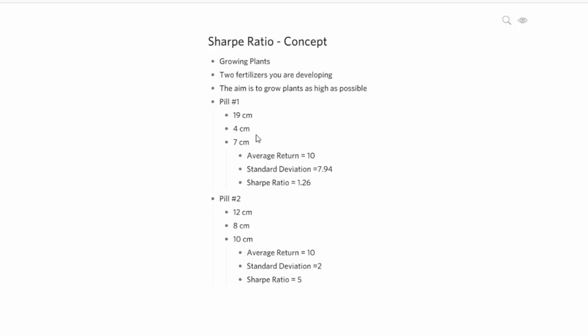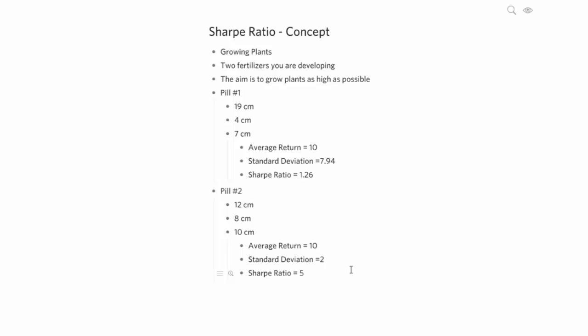The reason being, it's much more volatile because one trade you get 19, and then all of a sudden you only get 4, and then you get 7. So there's a wide jump up and down with each trade compared to option trading number 2, where it's more steady, 12, 8, 10. So as far as looking at how volatile strategy number 1 is compared to number 2, obviously number 2 is much better.